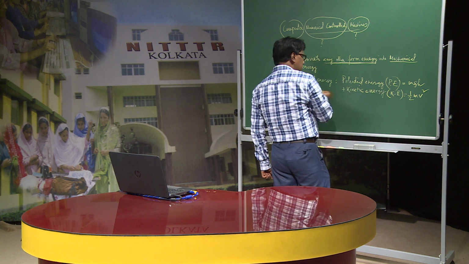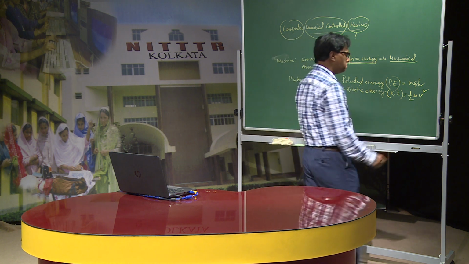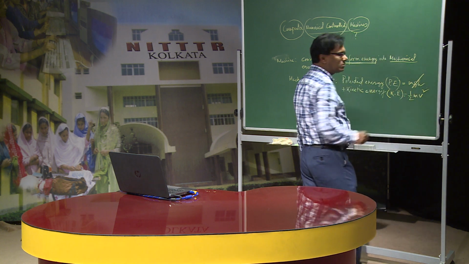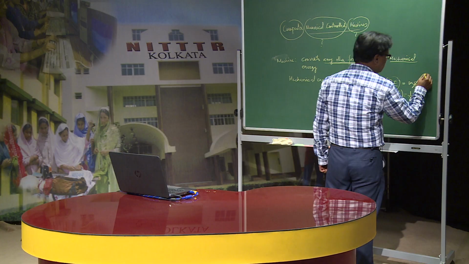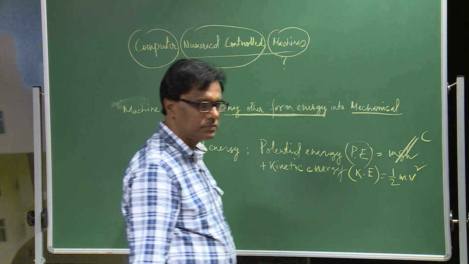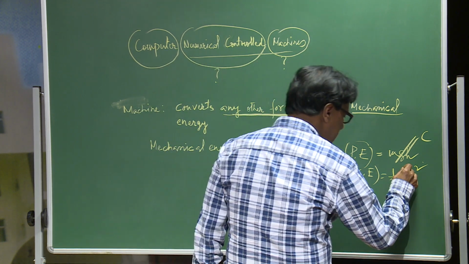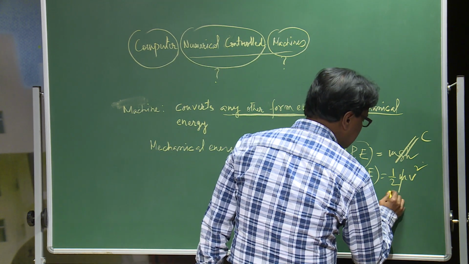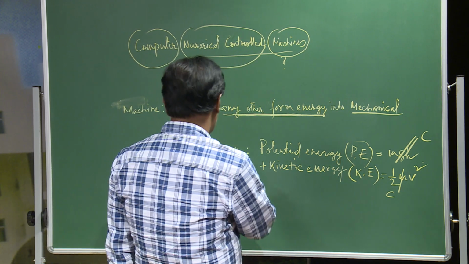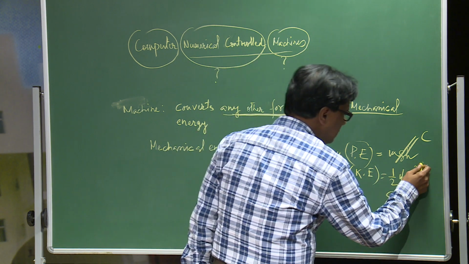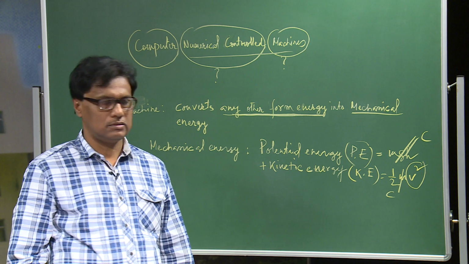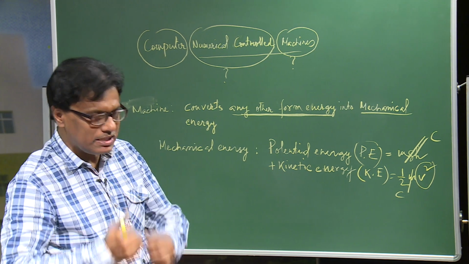Now, in a machine, this potential energy is not changing, so I can consider it a constant, so as m is constant. So, ultimately what happens, I am creating some velocity of some parts in the machines.